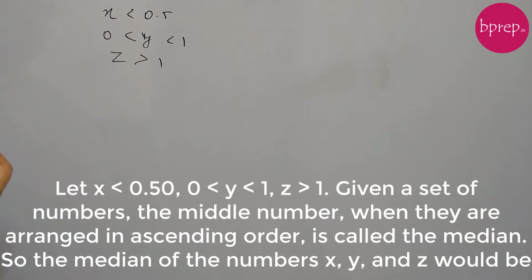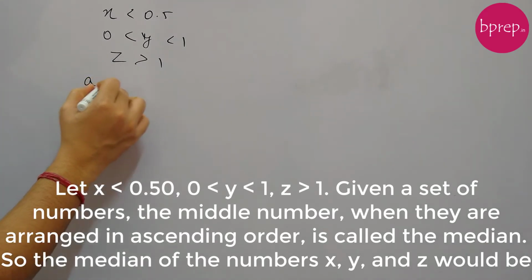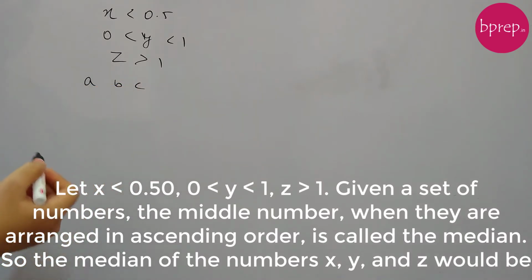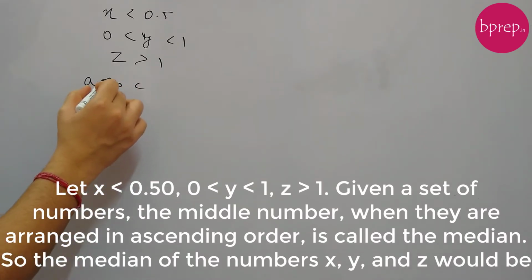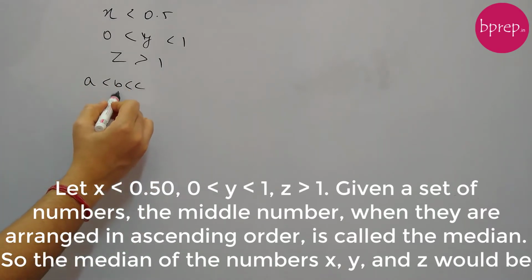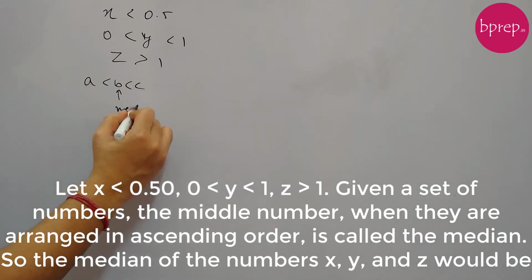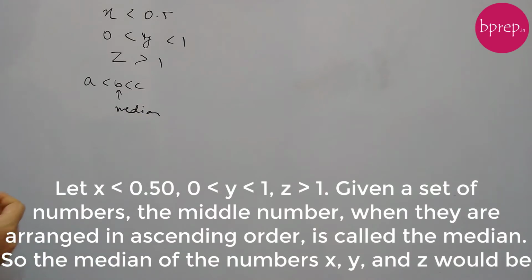Okay, so it is given that when we have three numbers, let's say a, b and c arranged in ascending order, then the middle number is called the median of a, b, c. So b is the median.